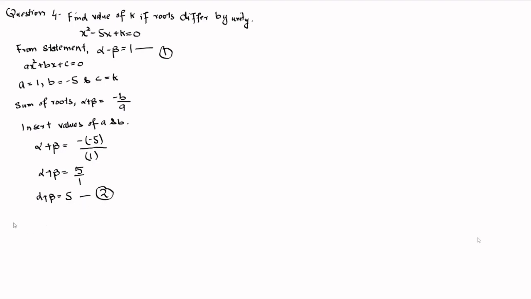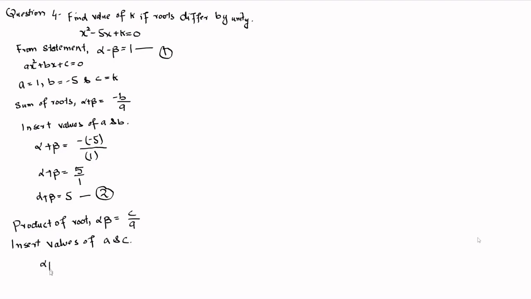Let's say this is equation number 1 and this is equation number 2. Now we also know that the product of roots of a quadratic equation, which is alpha beta, is equal to c by a. So insert the values of a and c.